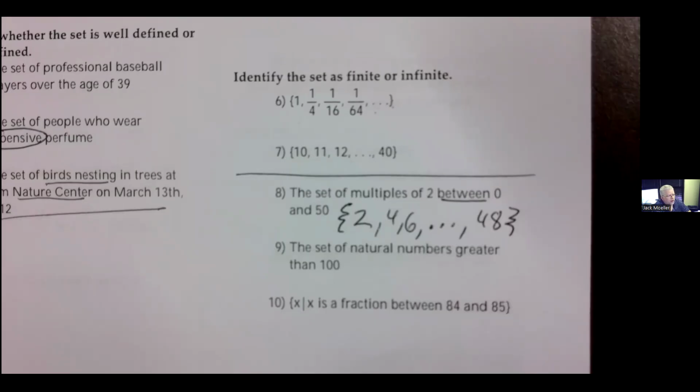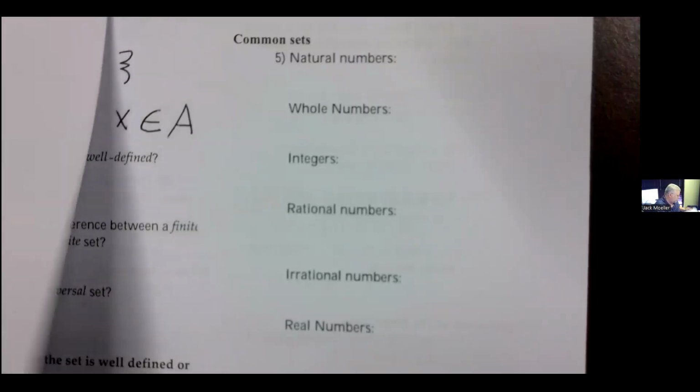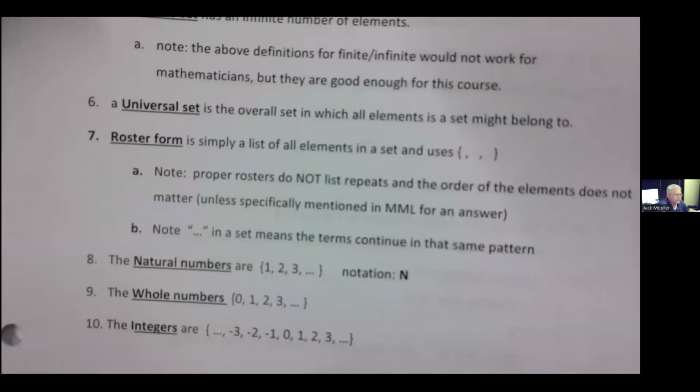All right, so number 9, the set of natural numbers greater than 100. Okay, well, what are natural numbers? All right, so let's back up. So one of the things, particularly in 2.1 and 2.2, we talk about different sets of numbers. And so natural numbers, I've got all these written out, so I'm not going to write them on this page.